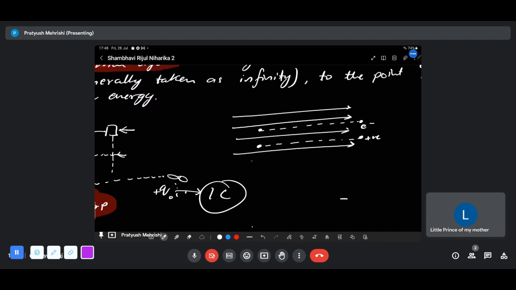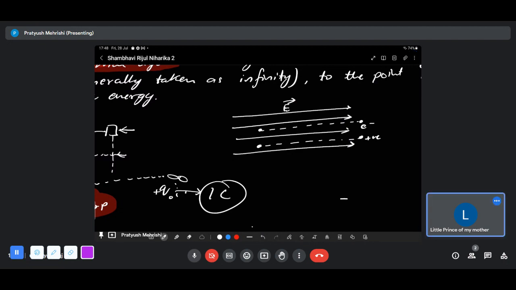Now, in which case do I have to do some work, in bringing a positive charge or a negative charge? Can you tell me? To bring a positive charge, you need to do external work, because of the positive test charge.